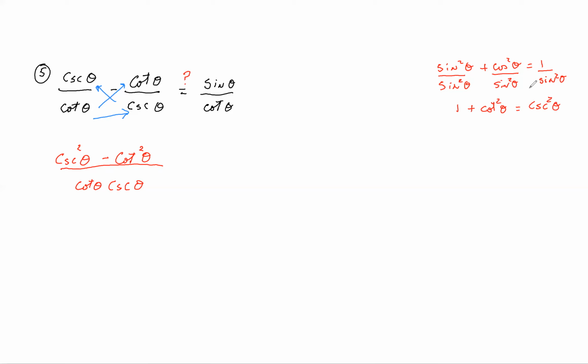If I move the cotangent to the right side, this part will be exactly this part. That is equal to 1.